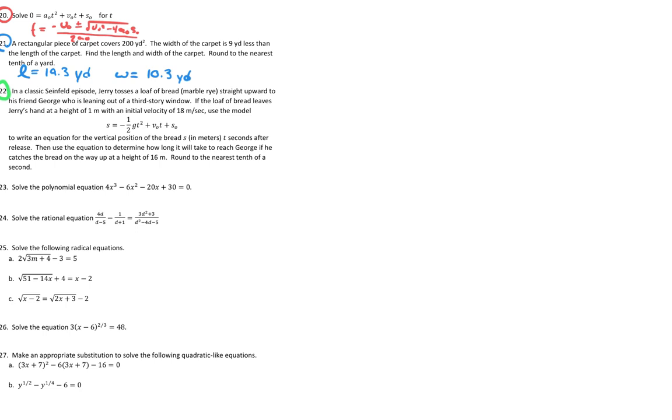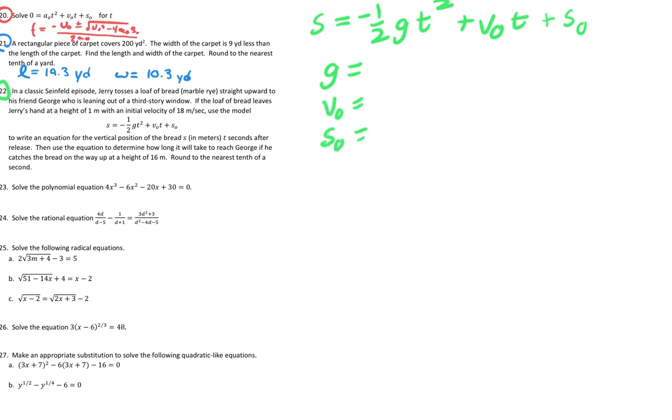Okay, so first off, we have our equation: s is equal to negative 1/2 g t squared plus v0 t plus s0. We want our equation in terms of s and t, so we need to find what g is, what v0 is, and what s0 is, right?